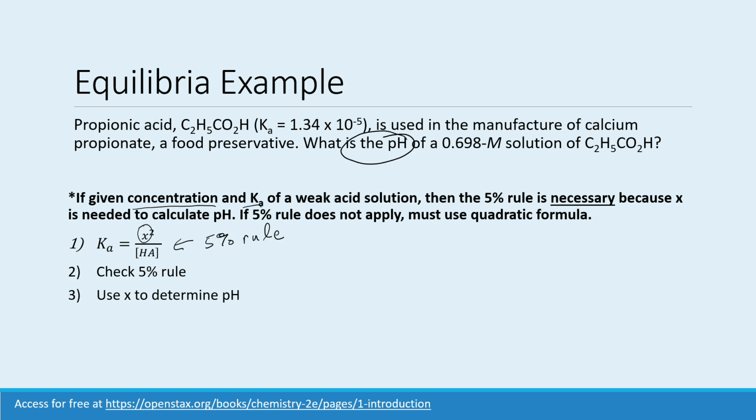Then we check the 5% rule by dividing X by the original concentration, and make sure that that is less than 5%. If it is, then we can use X to determine the pH, because again, X is equal to that hydronium ion concentration as long as we are looking at a weak acid.